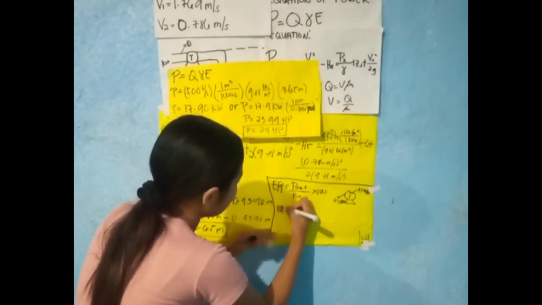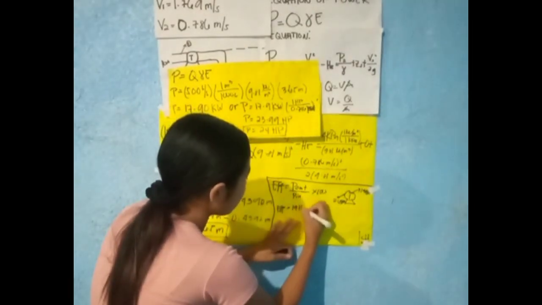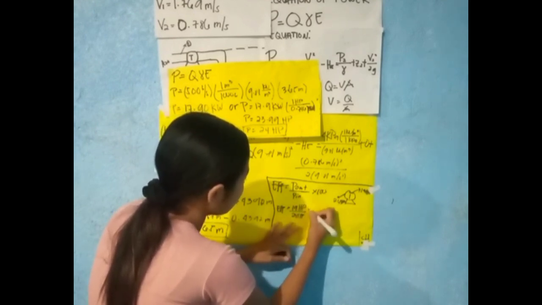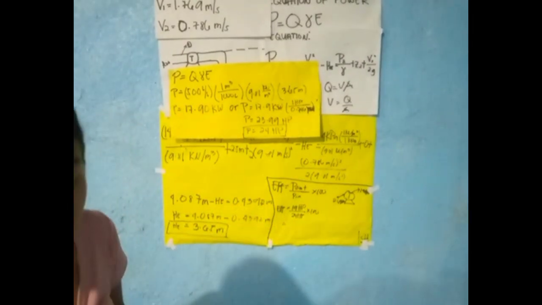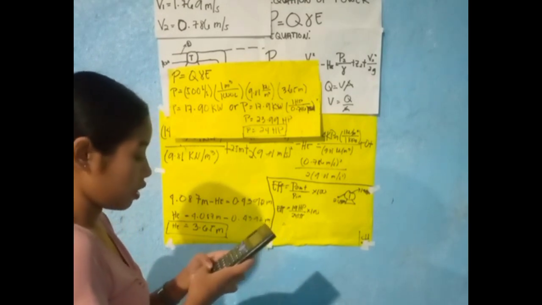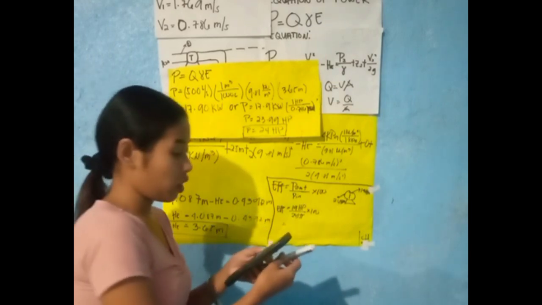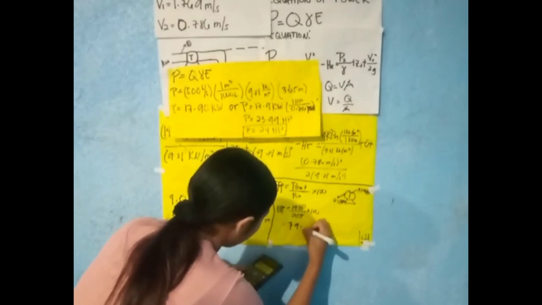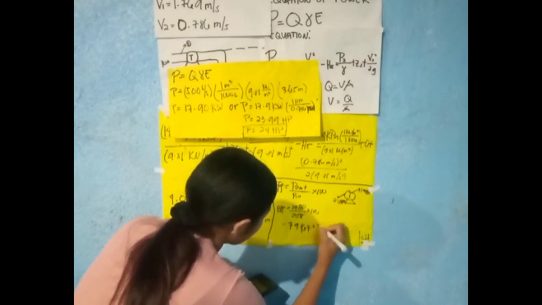We are going to solve this now. Efficiency is equal to our P out, 19 horsepower, over the P in, which is 24 horsepower, times 100. That is 19 divided by 24 times 100, which is equal to 79.167%.